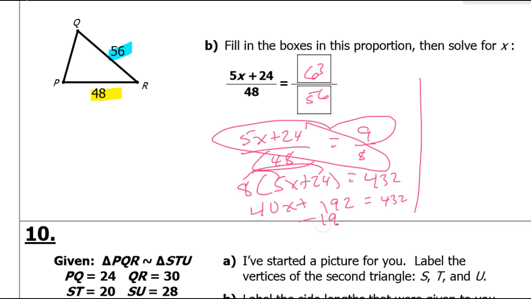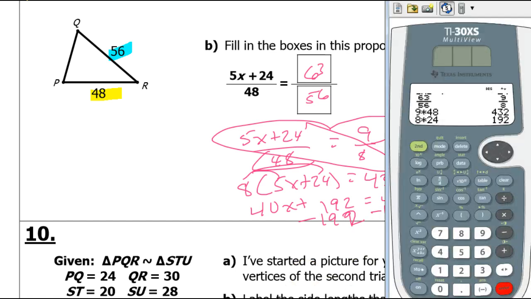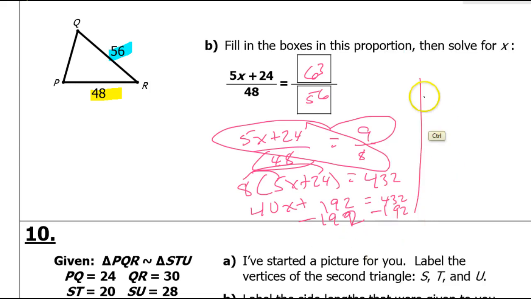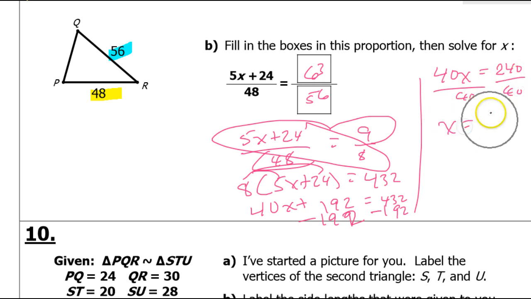Of course, we have to subtract 192 from both sides. 240. And then I have to divide both sides by 40. So that's going to be 6. So x is equal to 6.